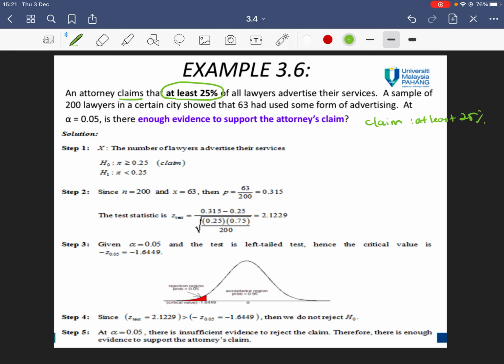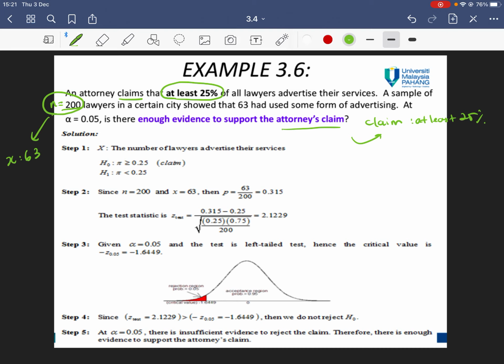A sample of 200 lawyers, so N is equal to 200, in a certain city showed that 63 had used some form of advertising. So from these 200, only 63 used a form of advertising, so it will be your X. At alpha 0.05, is there enough evidence to support the attorney's claim? So where is the attorney's claim? Here. The attorney claims that at least 25% use advertising.